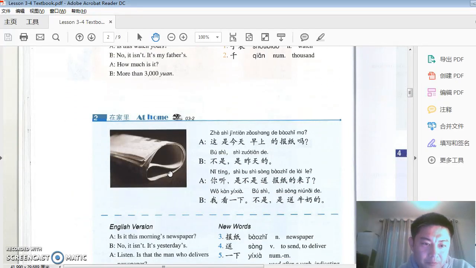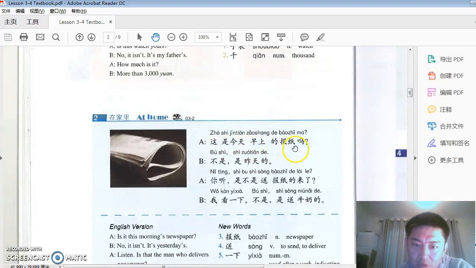Conversation number 2 happens 在家里, at home. A says, 这是今天早上的报纸吗？This is easy to understand. 报纸, newspaper. What kind of newspaper? 今天早上的, this morning's newspaper.